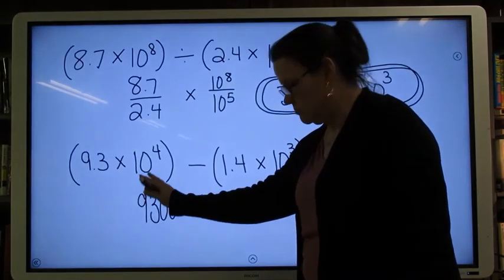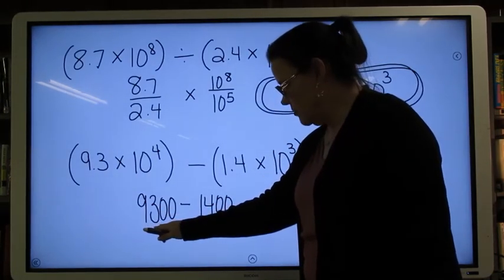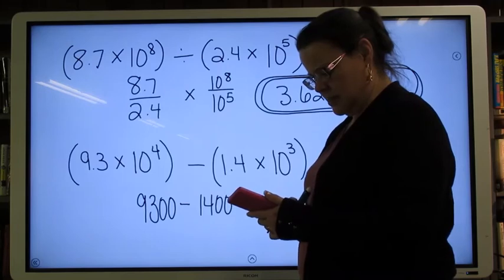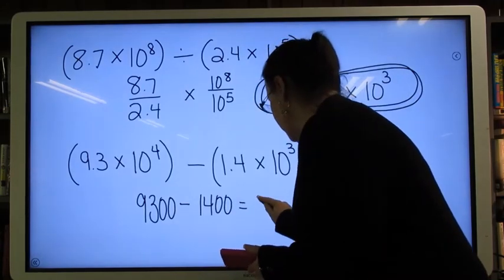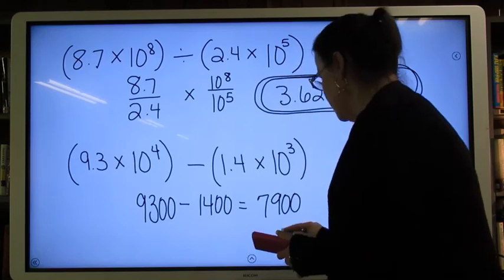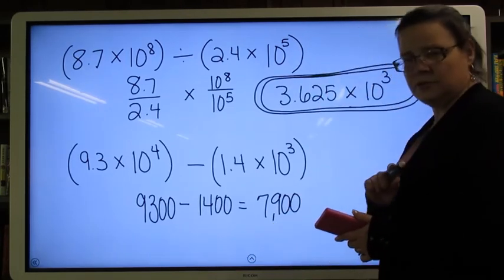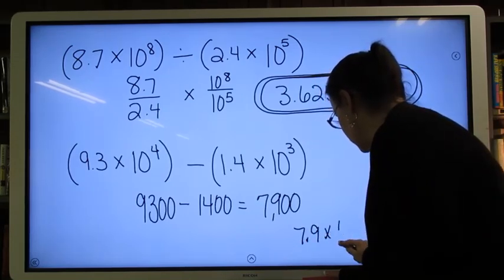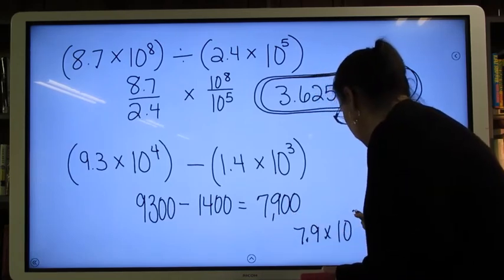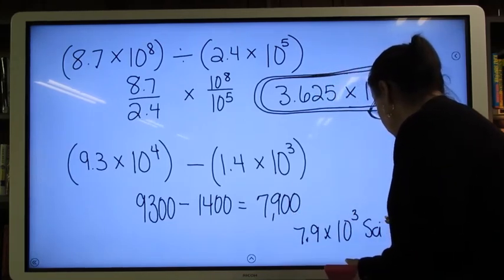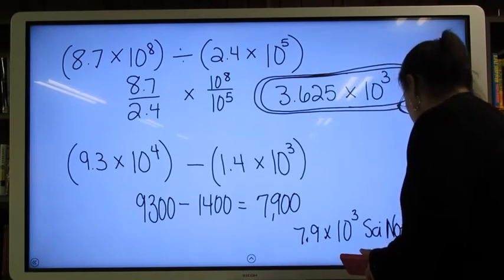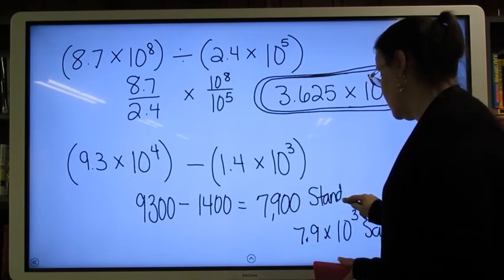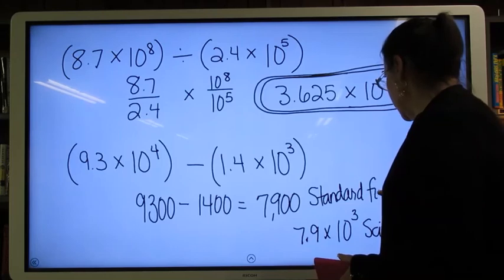I went to standard notation. 9,300 minus 1,400 is going to be 7,900 for the standard form, and then I'm going to turn it into scientific notation. 1, 2, 3, and so this would be the scientific notation, and this would be the standard form. And again, you check to see what answers they want.